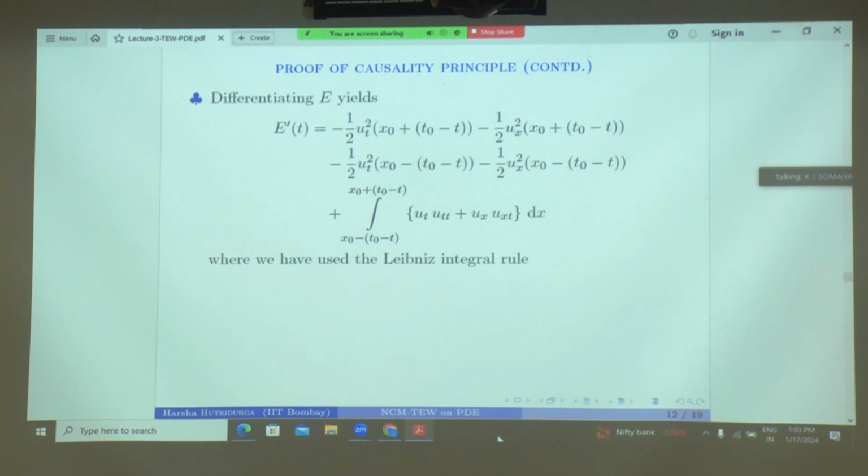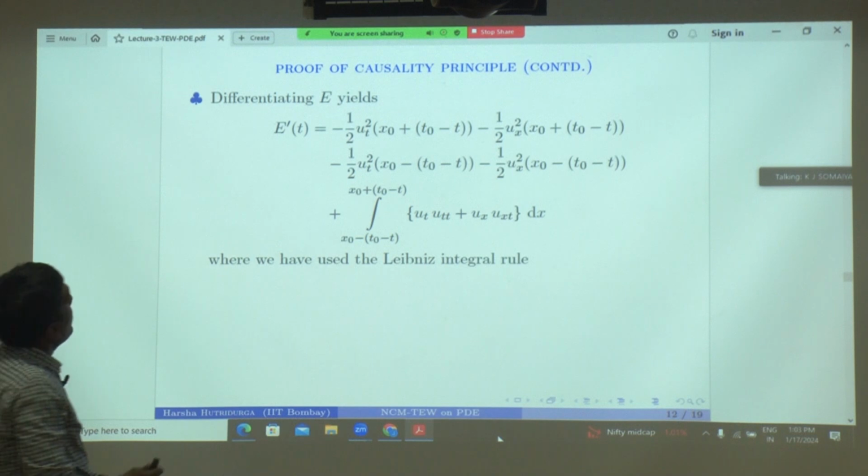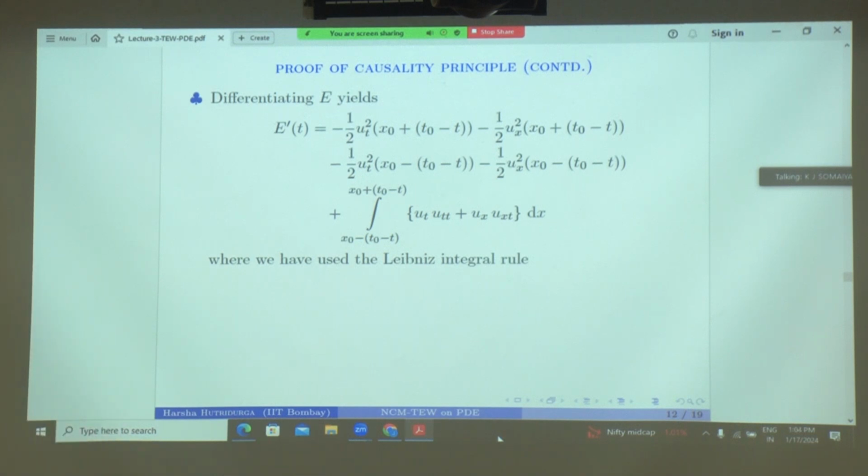This is where we have to use the Leibniz integral rule, because the two endpoints are functions of the t variable, so we have to use that formula that we wrote down. So what did that formula say? You have to evaluate this integrand at the topmost point, and then differentiate that with respect to the variable. So that is the first line. We have simply evaluated the integrand at this point, x0 plus t0 minus t, and then we have differentiated that with respect to the t variable, which will give you a minus 1.